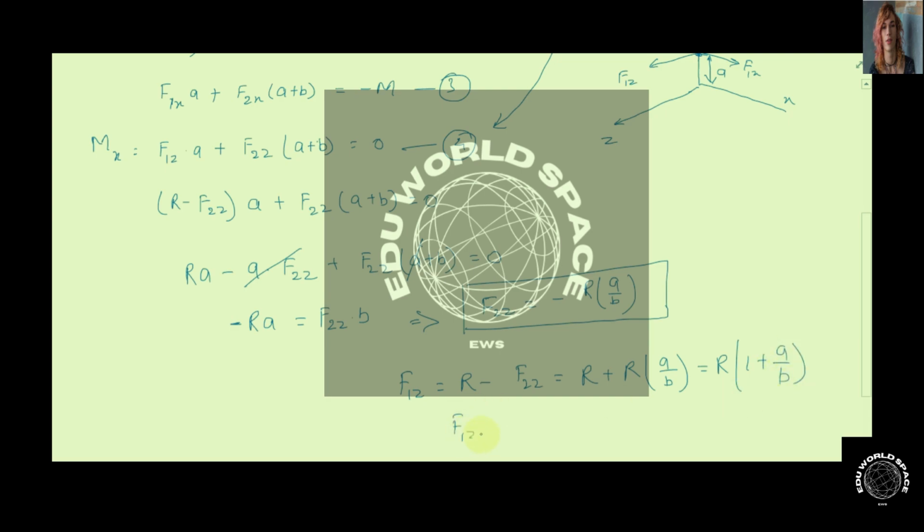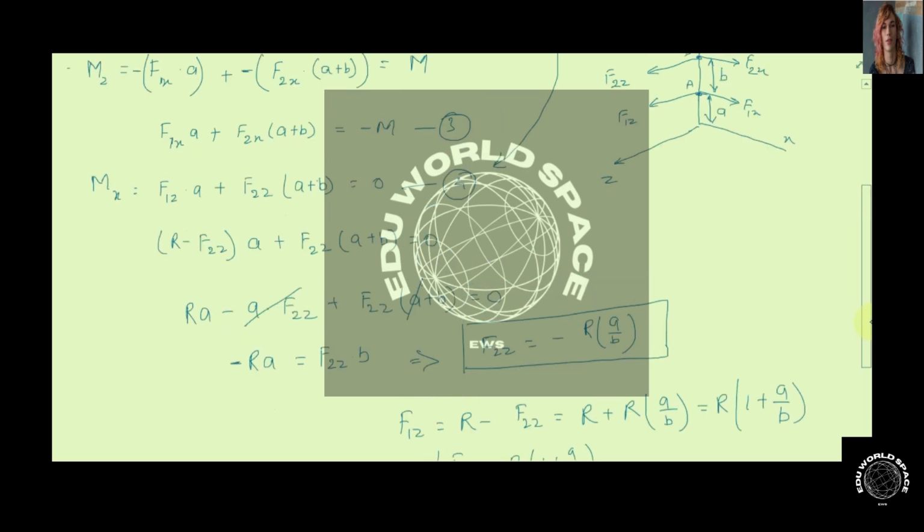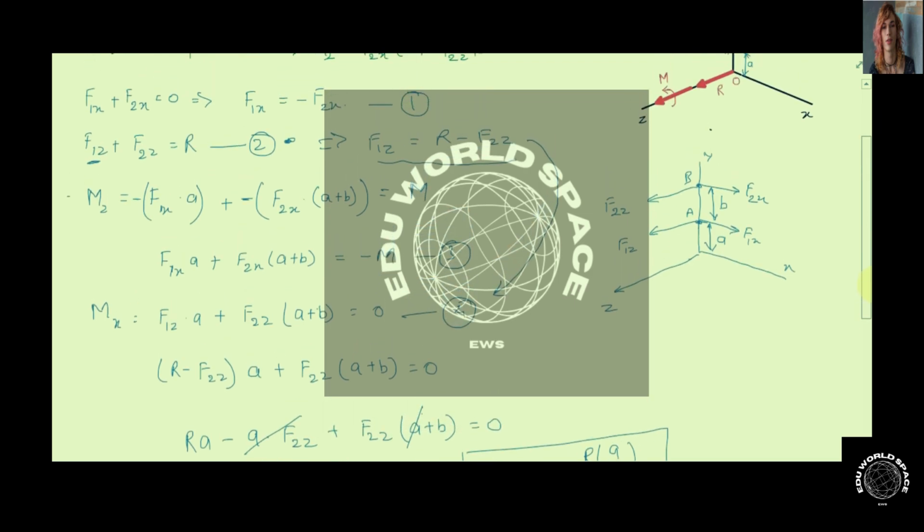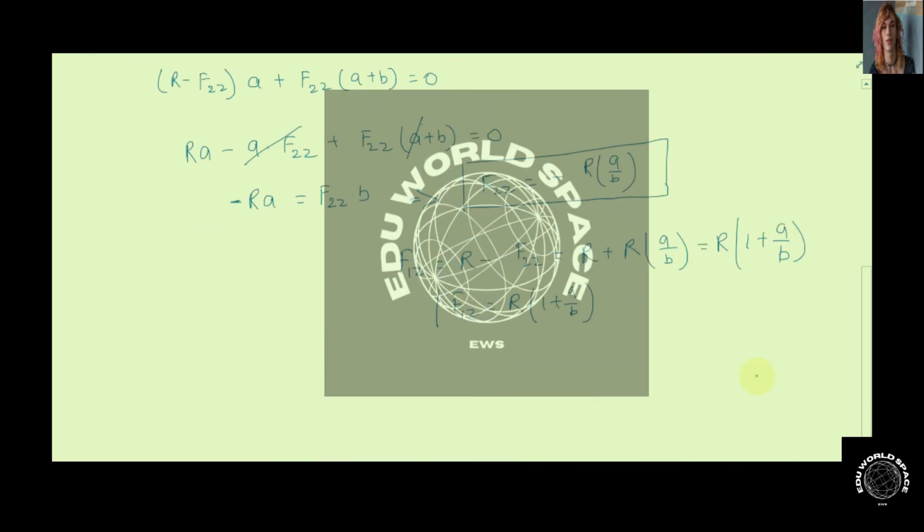So F1z has the value R times (1 plus a by b). Alright, we have made a mistake here. So no, it's correct. So this is the expression for F1z.